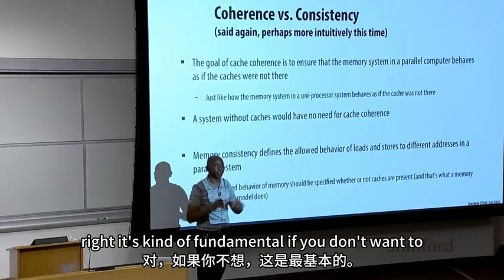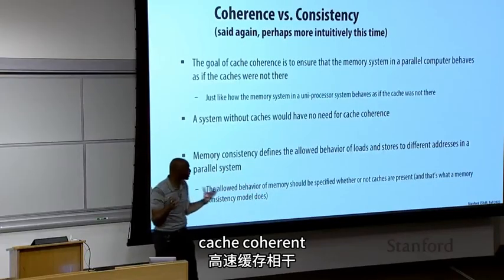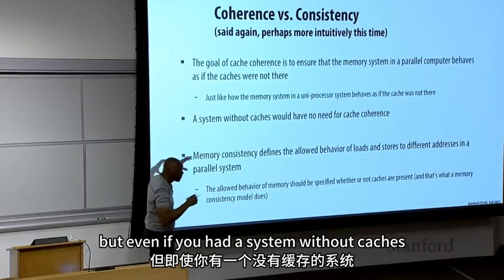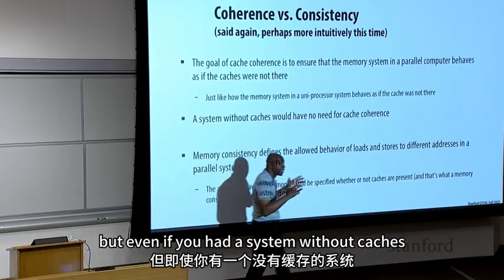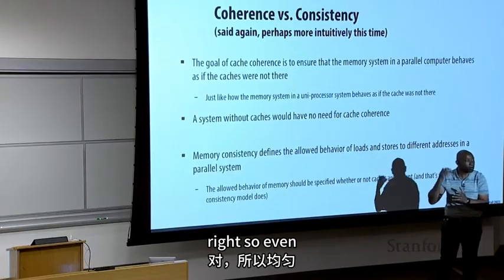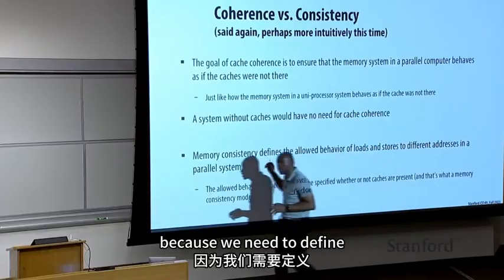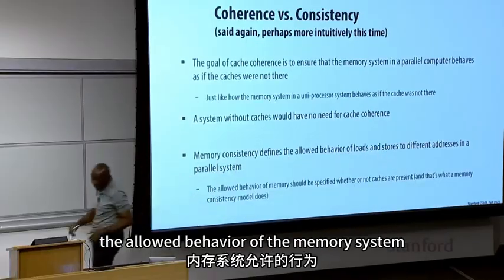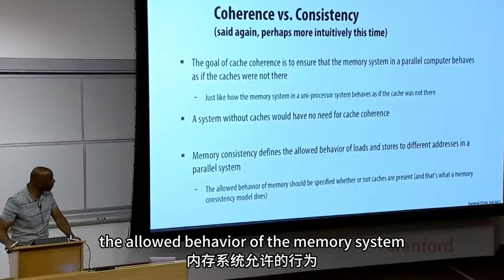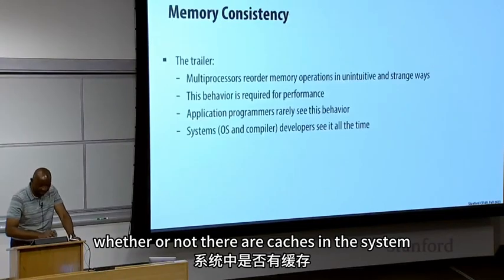It's kind of fundamental; you don't want to work with a system that's not cache coherent. But even if you had a system without caches, you would still need a memory consistency model, because we need to define the allowed behavior of the memory system, whether or not there are caches in the system.